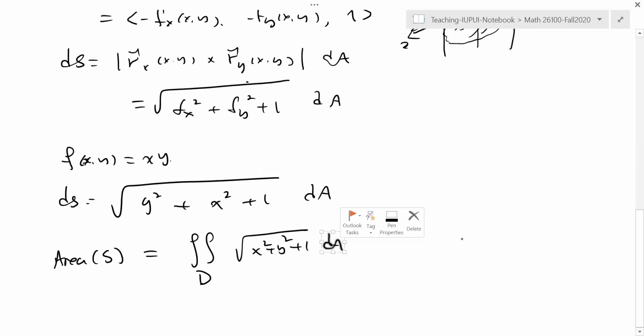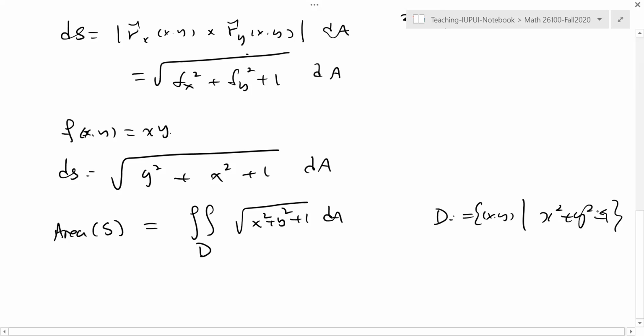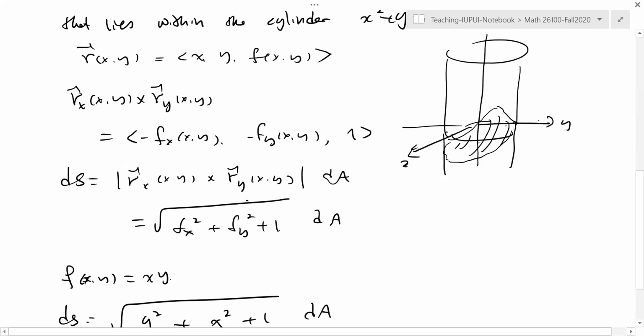Now D is a disk. This is the intersection of the cylinder with the xy plane, so D is this part.